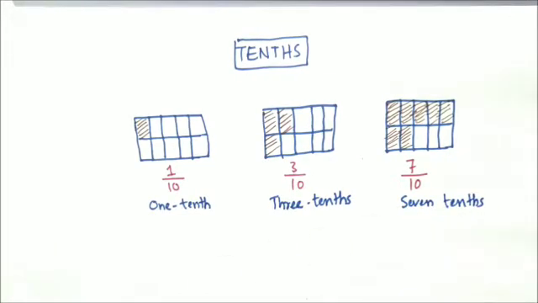Okay, so now in the decimal portion, we will deal with only that kind of fraction whose denominators are either 10 or 100 or 1000. To be very clear, see the definition.